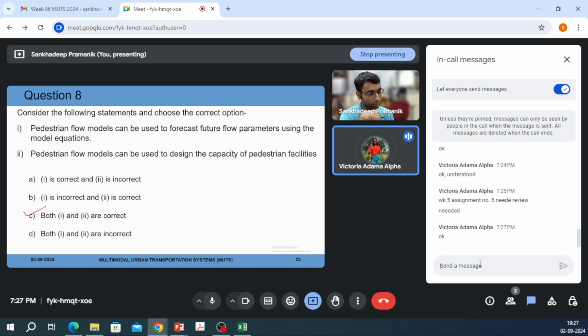Yes, it is. Another thing, can you attempt assignments and submit them multiple times? I was asking if you can submit assignments multiple times.